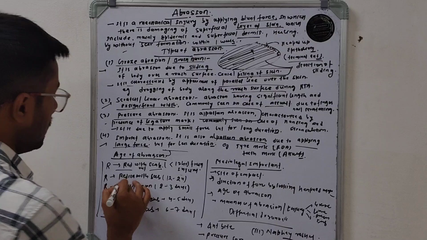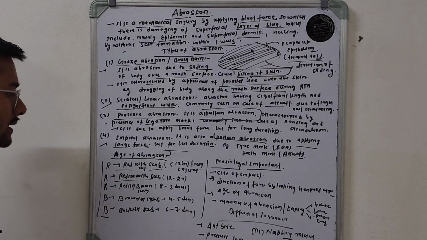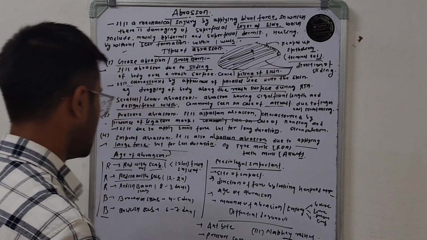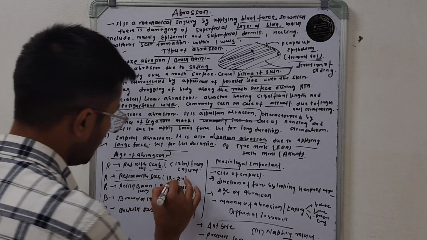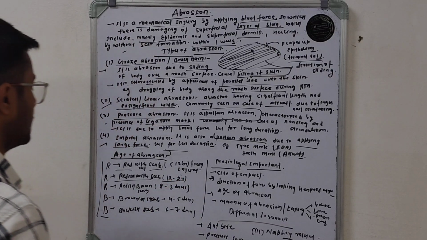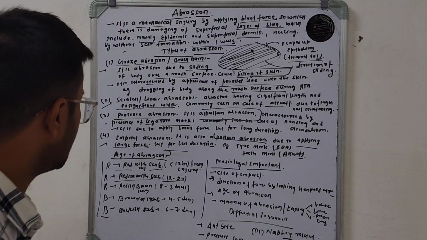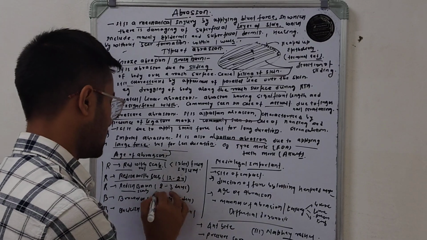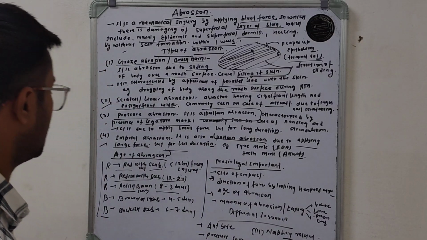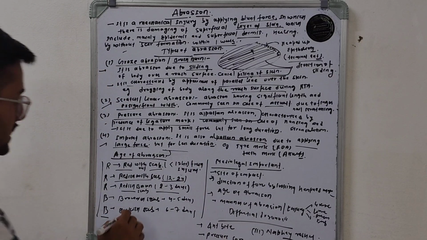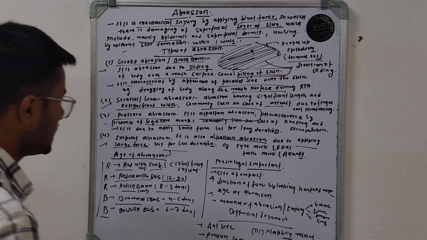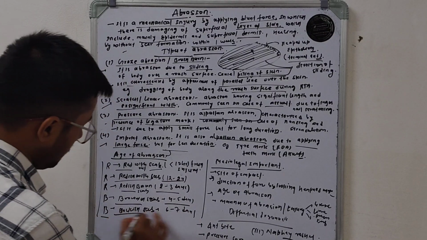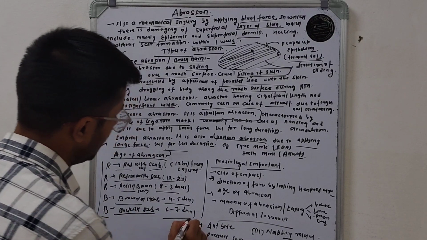Reddish abrasion appears within 12 to 24 hours, reddish brown is most commonly 2 to 3 days old, brownish scab 4 to 5 days, and blackish scab 6 to 7 days.